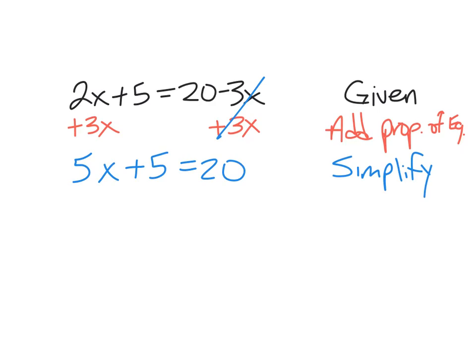Good so far? Now, how do I move that 5? Yep, so I'm going to subtract from both sides. Which property of equality do you think that one is? Yep, subtraction property of equality.